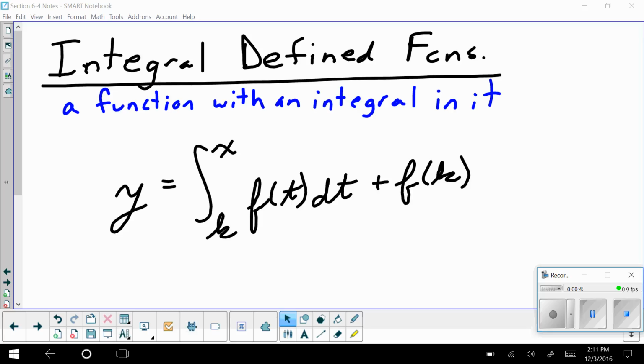And they're generally in the form of y equals the integral from some constant k to a variable x of a function, and then adding on what the function value would be at the lower bound of our integral. Because if x is equal to k, my integral becomes 0, so this has to be the value when x equals k.